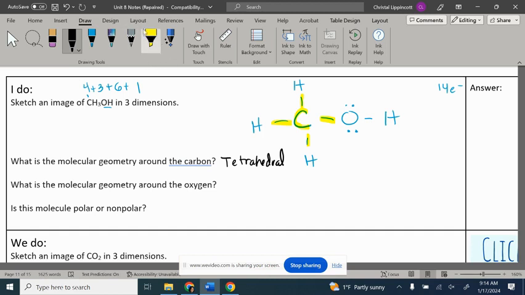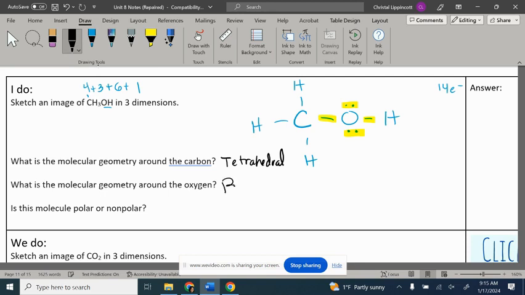Now, they want us to turn our focus onto the oxygen this time. So now we're looking at the geometry of the oxygen. Here we have two atoms and two lone pairs of electrons. What geometry is that called?